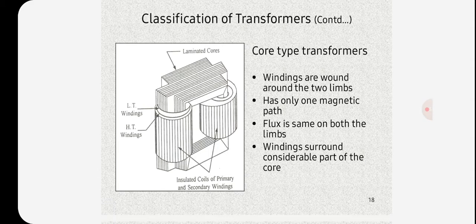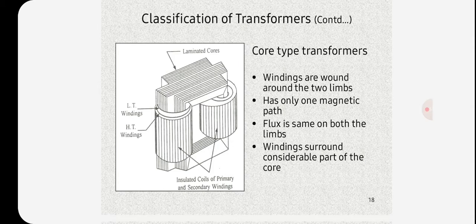First we will discuss the core type transformers. In a core type transformer, the core is surrounded by the winding. It has two limbs. In this type, the magnetic flux has only one magnetic path.